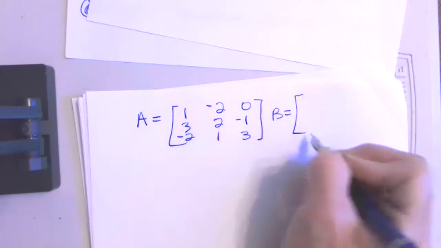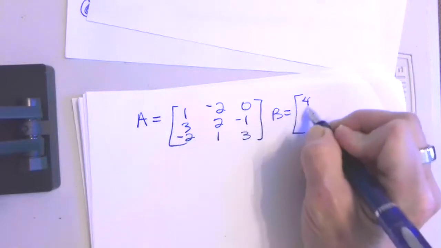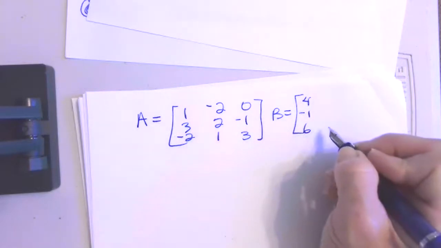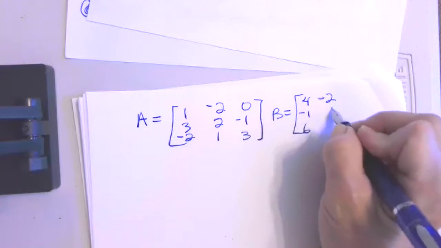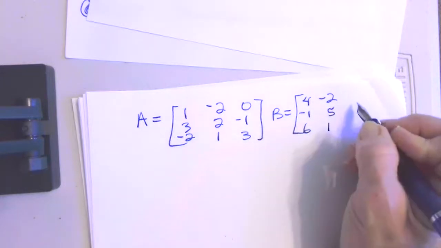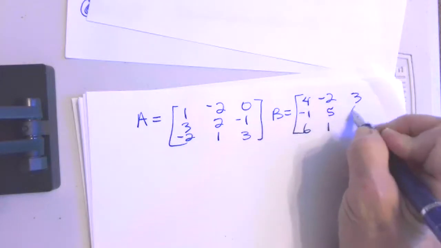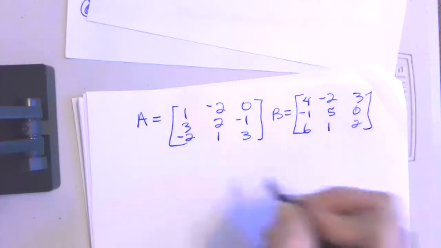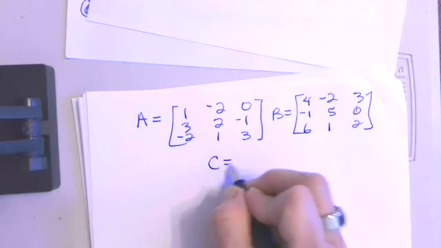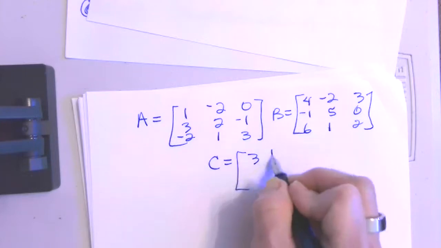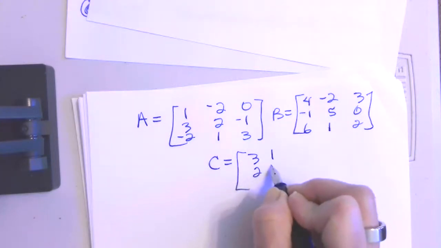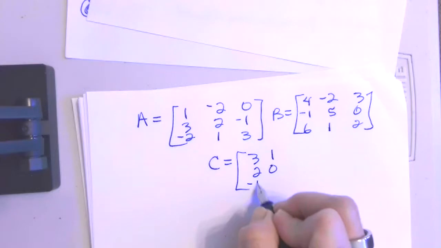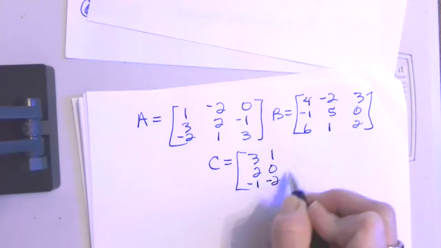Let me take B to be 4, minus 1, 6, minus 2, 5, 1, 3, 0, 2. And let me take C to be 3, 1, 2, 0, minus 1, minus 2.